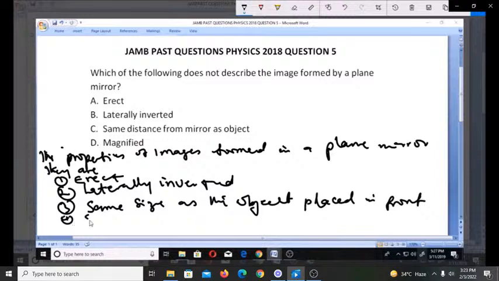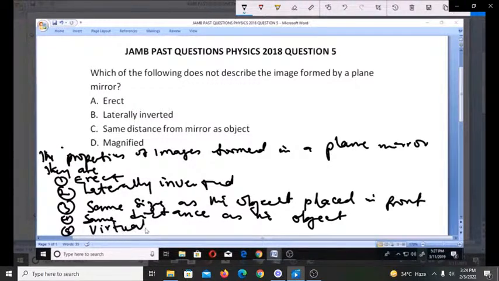Then 4, they are also same distance as the object in front. And number 5, they are virtual. That is, they cannot be formed on a photographic screen.